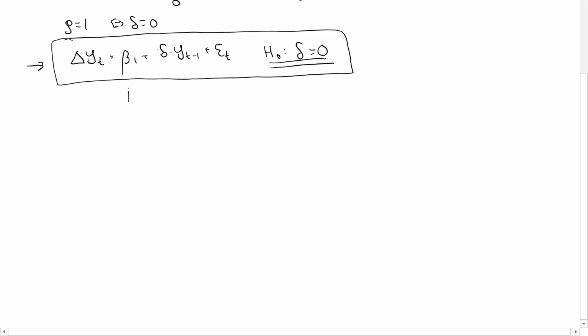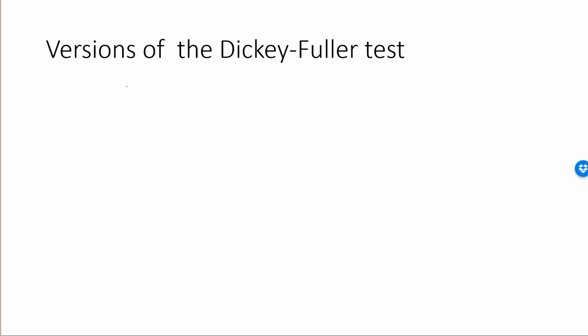The first thing is that we can remove this intercept from the model. Your specification then becomes this. Now the thing is that the Dickey-Fuller critical values will be different if you don't have an intercept. So if you're working with an AR1 process without an intercept, you need to specify that in your software.